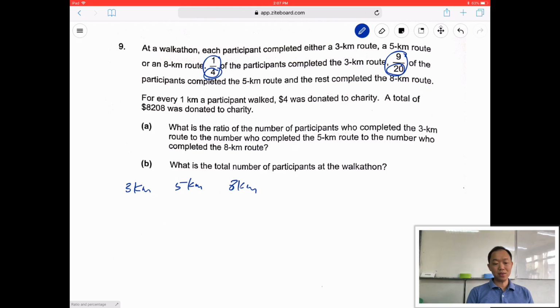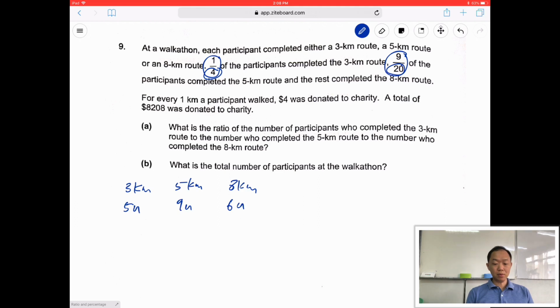Let's change everything to base 20. One quarter completed 3 km, that means 5 units. The 5 km is 9 units. So 5 plus 9 is 14, so 6 units are left for the 8 km participants.